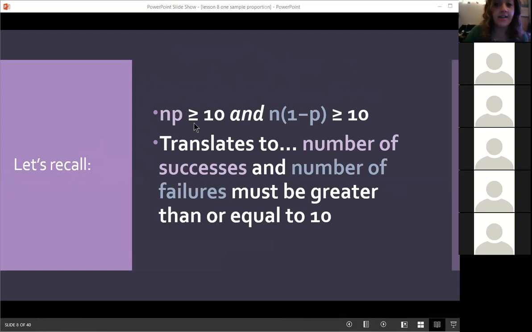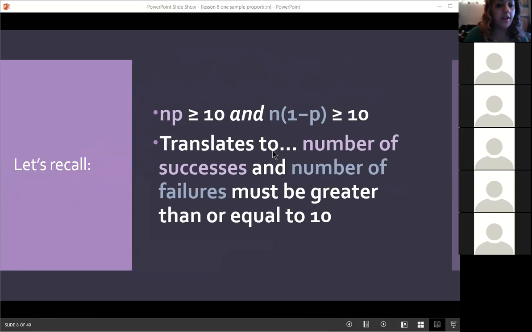Our n times p has to be greater than or equal to 10, and n times 1 minus p also has to be at least 10 for us to start our hypothesis testing. Once again, the number of successes and the number of failures has to be greater than or equal to 10. And if you're not given n and p, you want to look at your frequency table to decide this. That's another thing that often comes up.